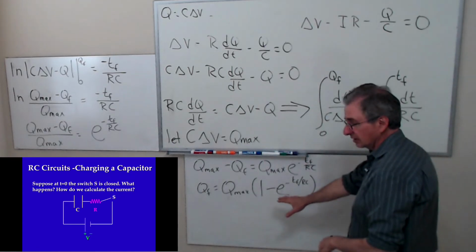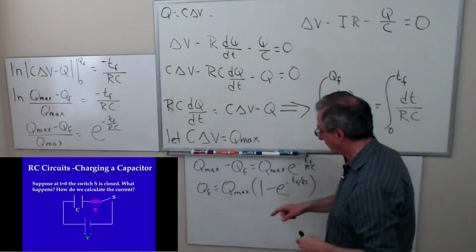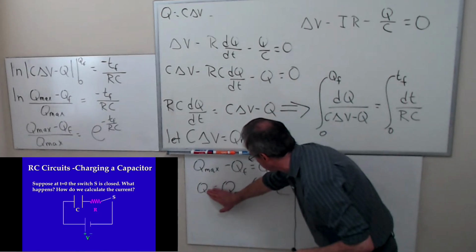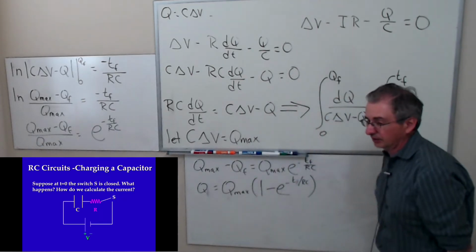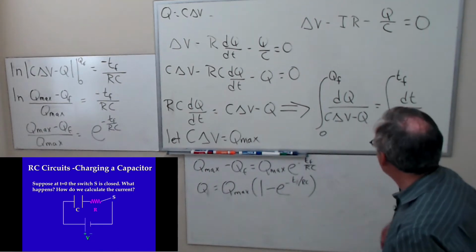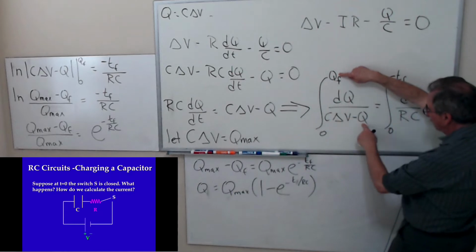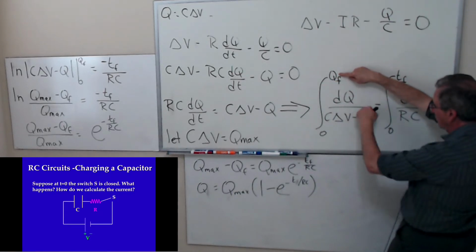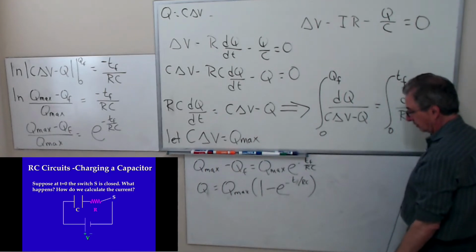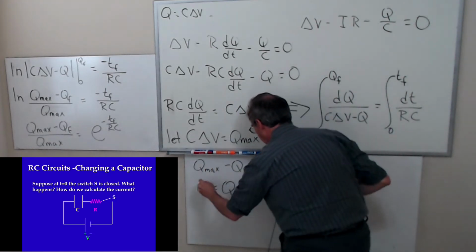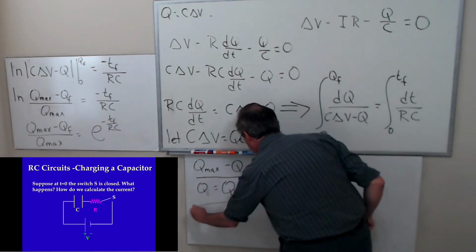This represents the charge on the capacitor at any time. So can I get rid of these subscripts and leave it like that? The reason why I put the subscript here is to make it look different from here. I could have put Q primes here as a dummy variable, but that's okay. So this is the charge on the capacitor as a function of time.